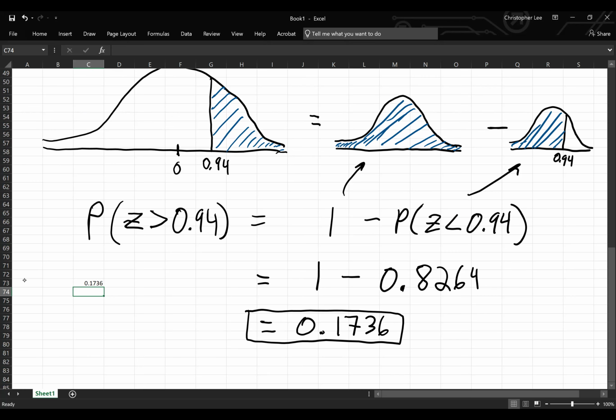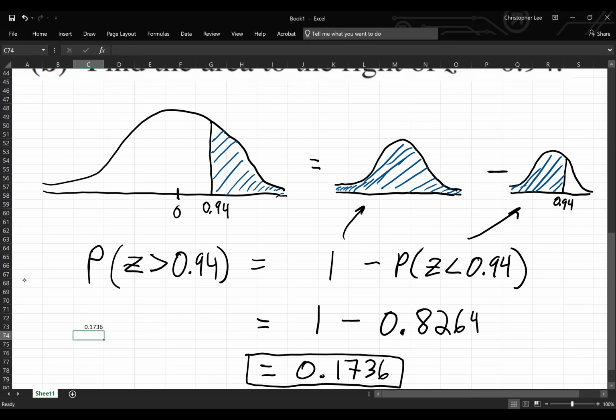When you cut it in the middle where the zero is, what happens on the right is the same that happens on the left. So it's because of the symmetry that I can use the whole distribution and just cut out the piece that I don't know and be left with the piece that I want to know. When it's asking for greater than, to the right, always use this.